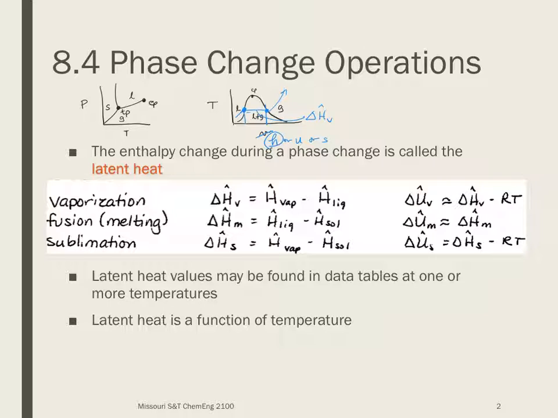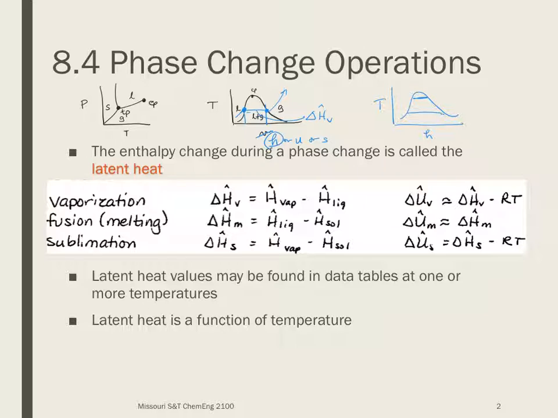Perhaps we simply know the enthalpy of the saturated vapor and of the saturated liquid, and I can subtract. Okay? And these are going to be a function of temperature, because if we look at this curve, and I'm going to draw it again over here, and let's think of this as H this time. Up here, the length of that line segment is very different from what it is down here. So delta H is a function of temperature.